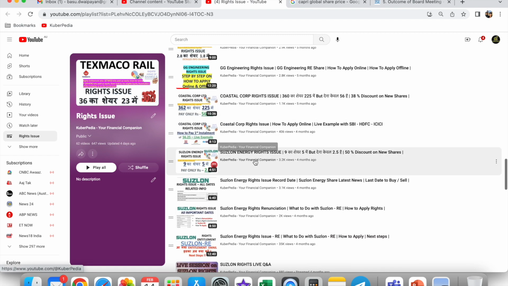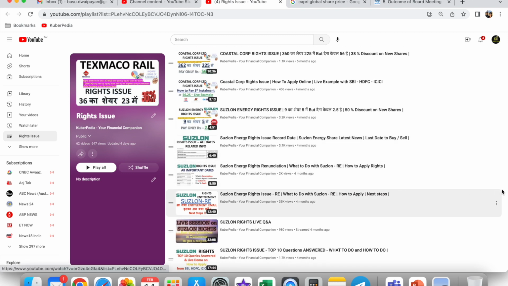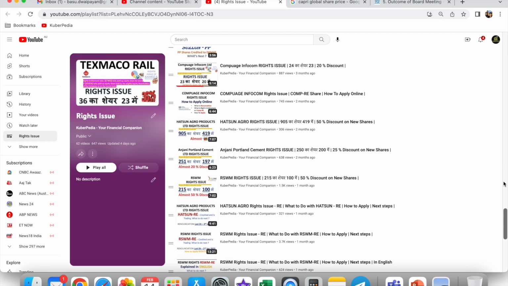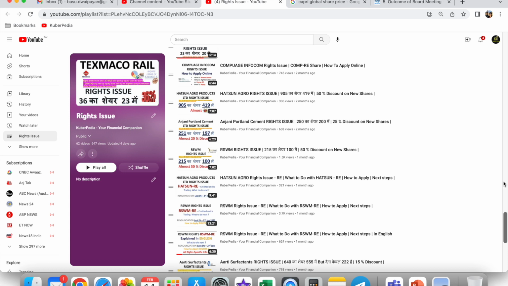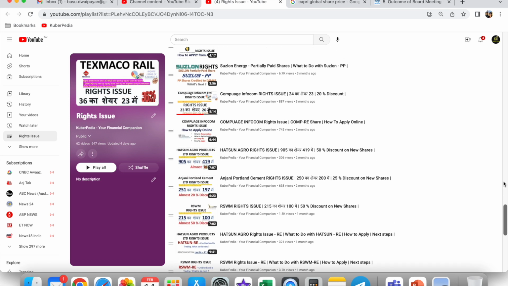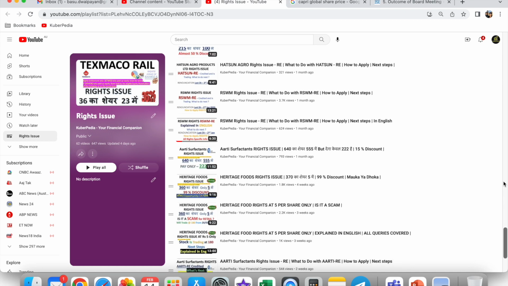Those are GG Engineering, Coastal Corp, you can see Suzlon, pretty much all the big companies which came up with the rights. I've tried to completely give you all the information. So if you are interested, go back and check them. I've also explained how you can actually apply rights online from your ASBA account, from your net banking account.